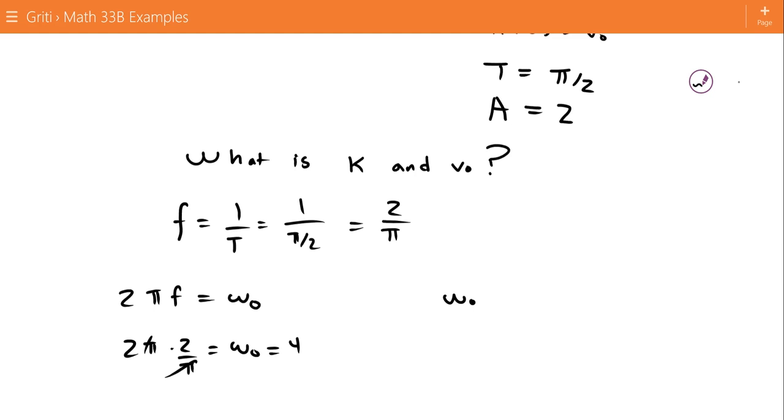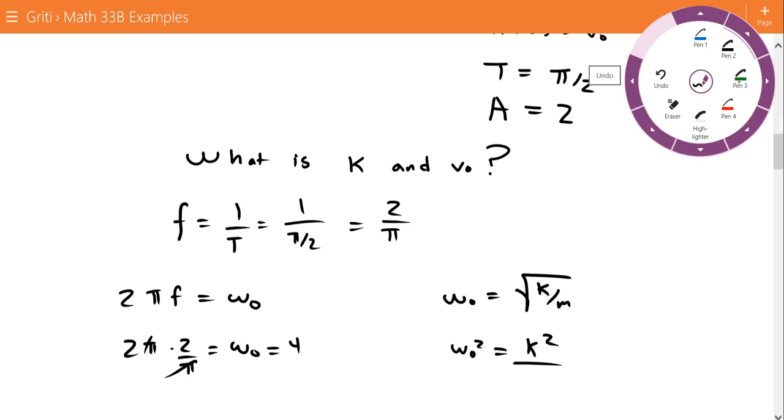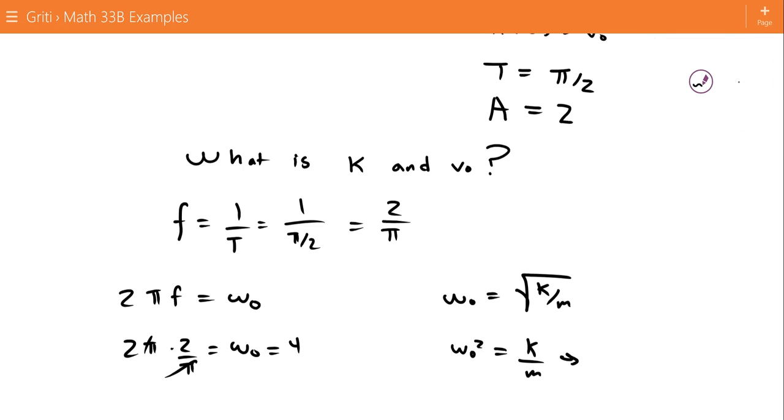Our angular frequency is defined to be the square root of k over m. So that means the angular frequency squared is, sorry, not k squared, it's just k over m. So k equals m times our angular frequency squared.